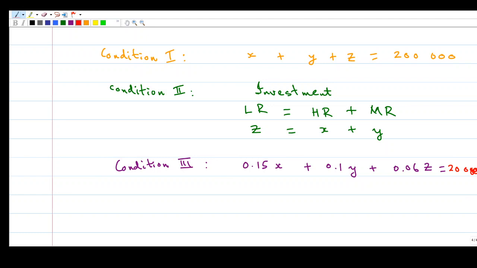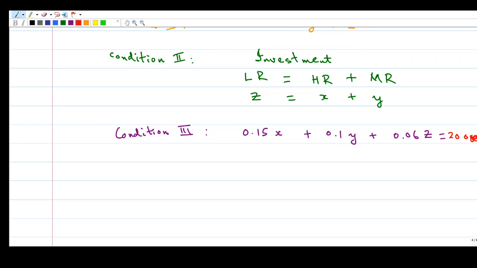Okay, it's fine, the 20,000. If we're formulating the problem, that's what we're trying to concentrate on: the system of equations to solve the problem.